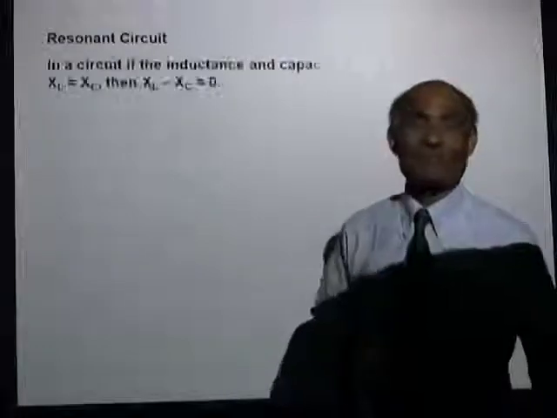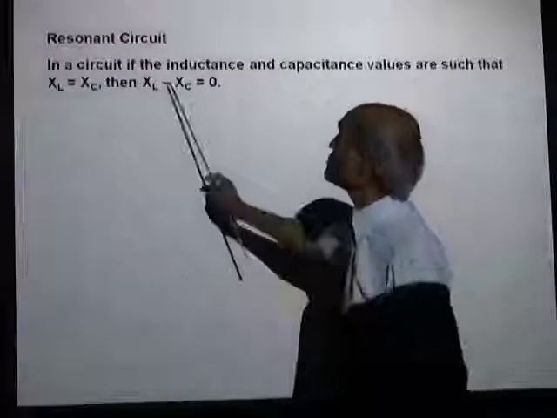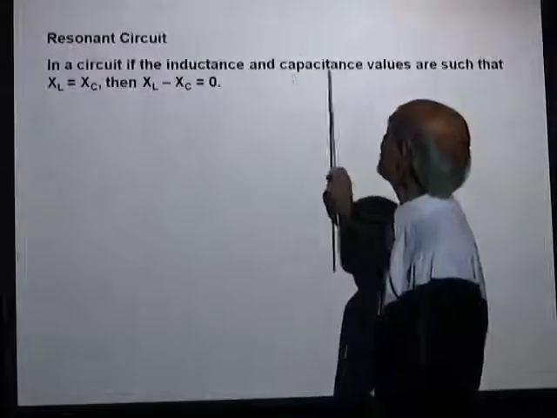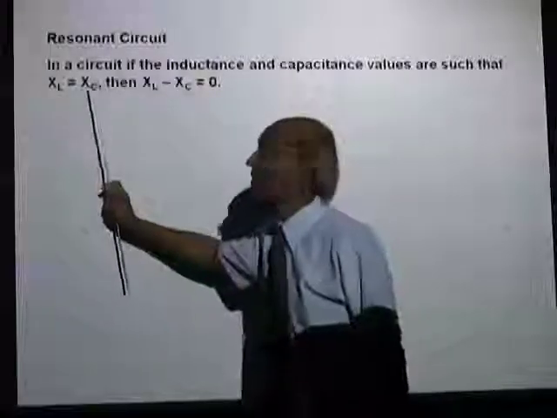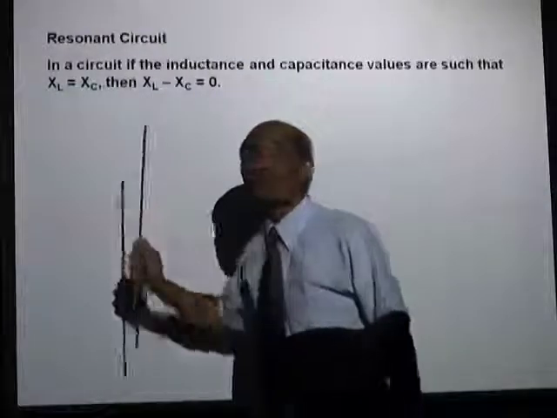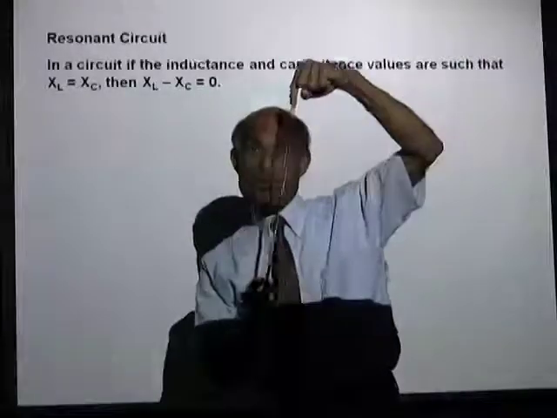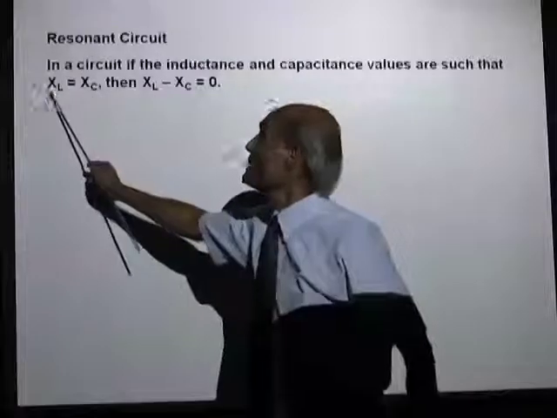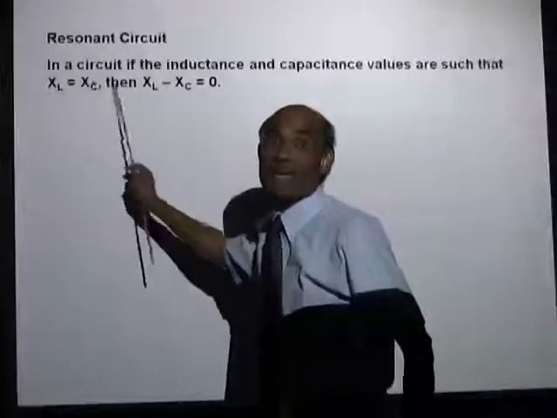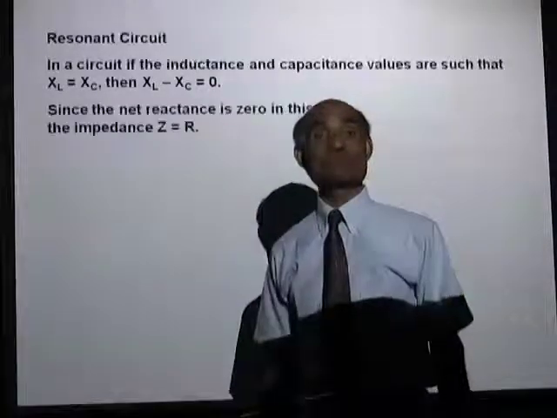Now, what is a resonance circuit? Very often this is used in electrical engineering. In a circuit, if the inductance and the capacitance values are such that XL equal to XC. Now remember, XL and XC are 180 degrees out of phase. That means if the magnitudes of these are the same, then XL minus XC will be equal to 0.